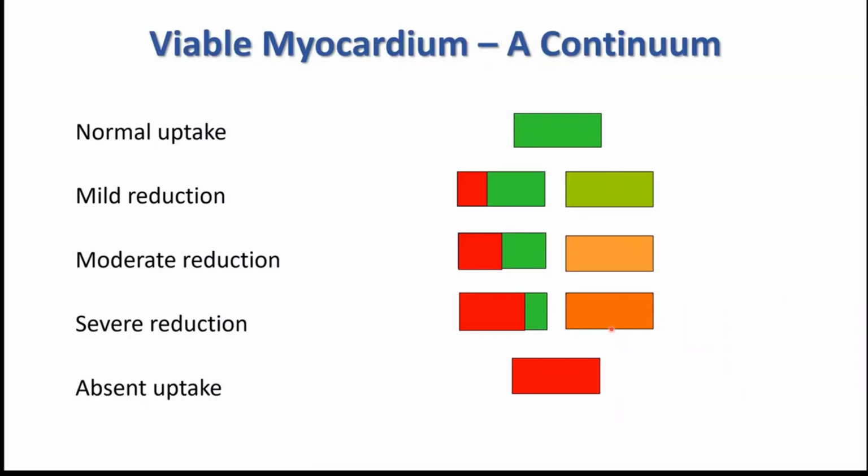And so if we're going to detect viability, we really need a technique which is not just yes or no, but gives us hopefully some sort of distinction between these different shades of viability. Because it may be that if that is the situation, there is something that can recover, and if that is the situation, then it may not recover.